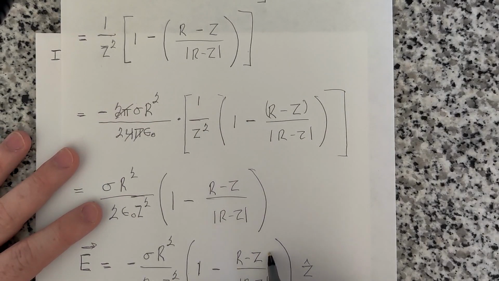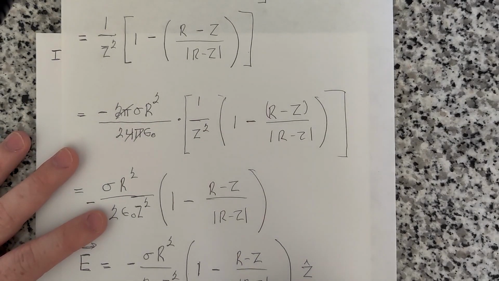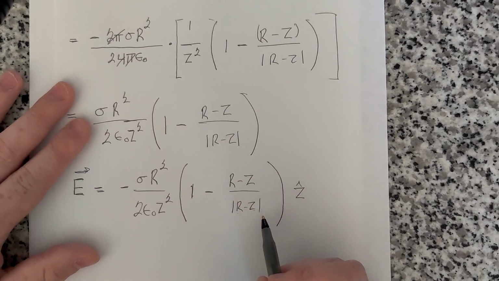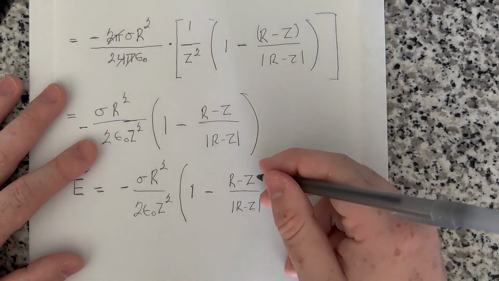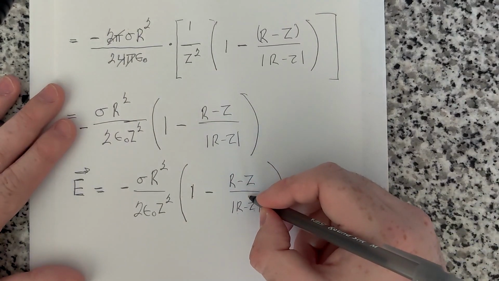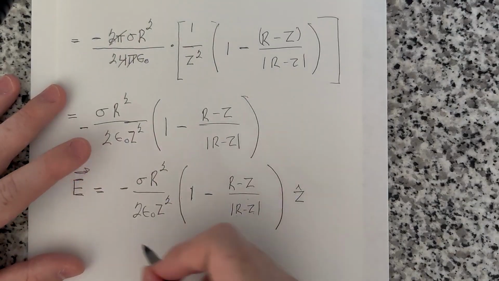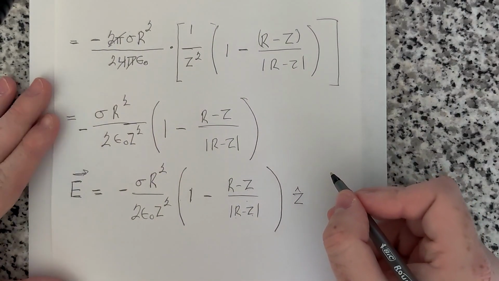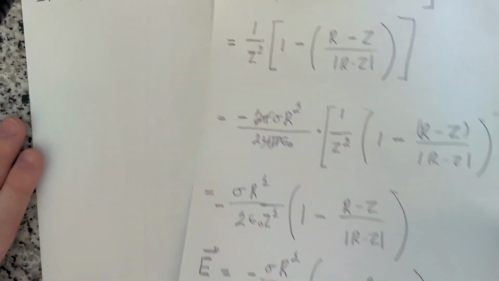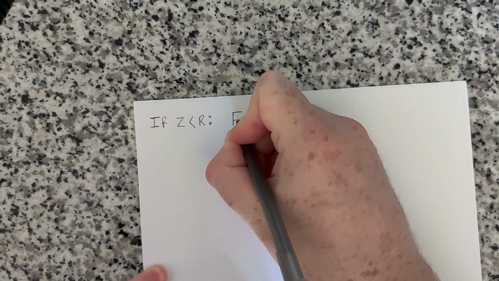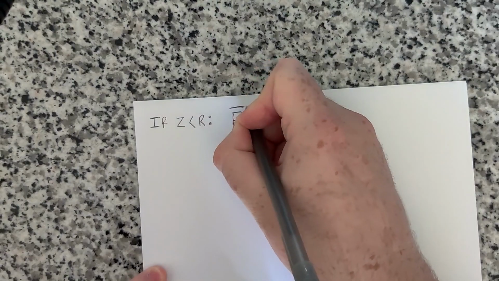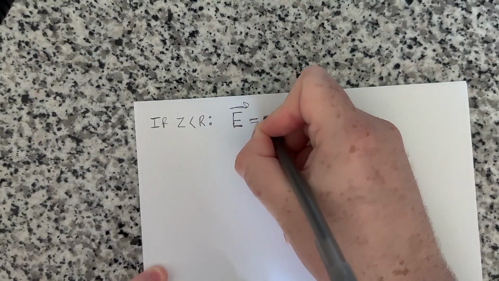So this is positive on top. And r minus z is positive. So you can get rid of the magnitude here. So this becomes r minus z over r minus z, which becomes 1. So we have 1 minus 1, which is 0. And that means this entire field is 0. So if z is less than r, then the electric field actually reduces down to 0. There is no electric field inside the sphere.